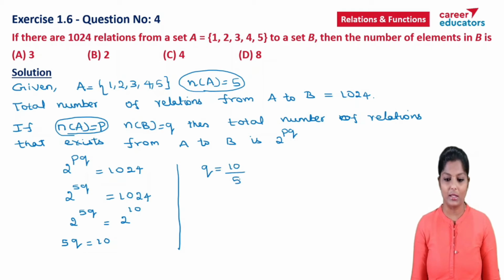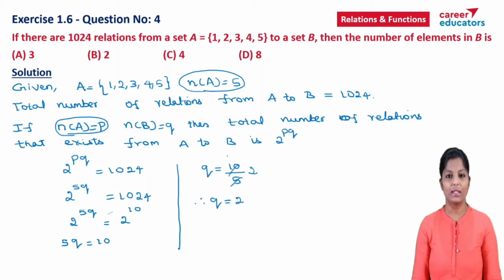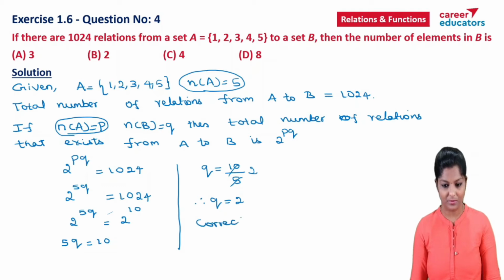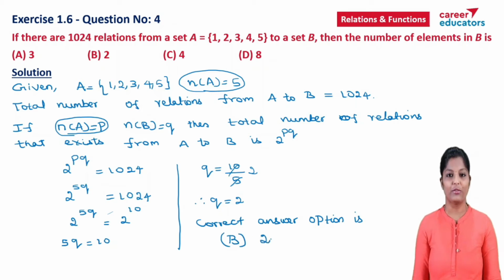If we cancel this, we'll get 2. Therefore, Q equal to 2. So, the correct answer option is B. That's all, we have completed this problem.